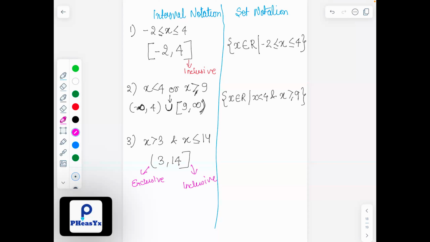While in set notation, x belongs to all real numbers such that x is less than or equal to 14 and greater than 3.